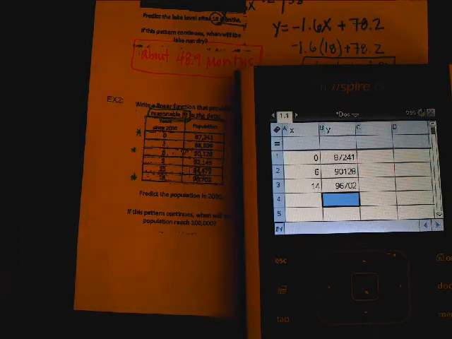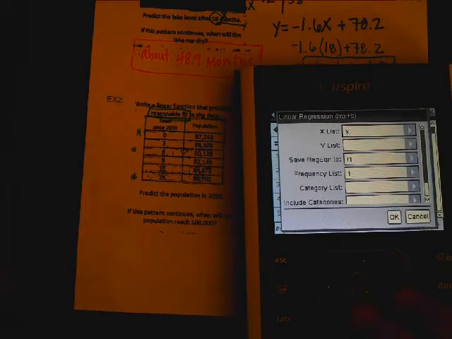Okay, get your equation and round it. Go ahead and write it. Let me see your calculator. Menu 4, 1, 3.